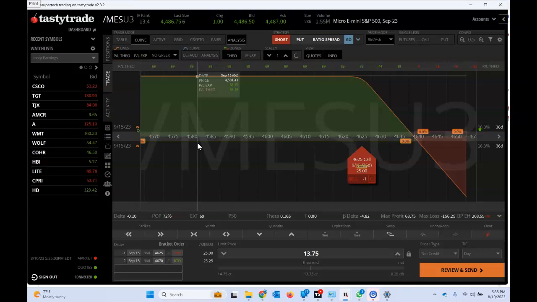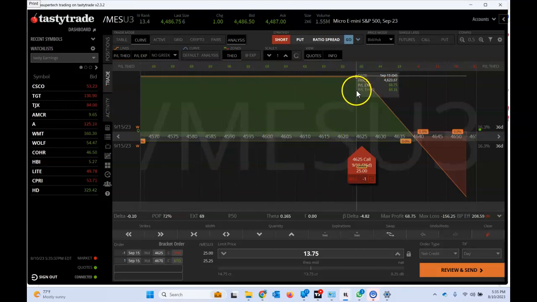If I can capture 50% within 7 days, go ahead and take the profit and look for another opportunity, but don't let your capital just get frozen up, basically not doing much, because as you get closer and closer to your maximum profit, typically your growth and profitability is going to be a lot slower.